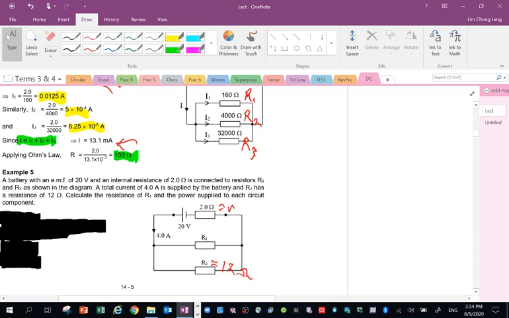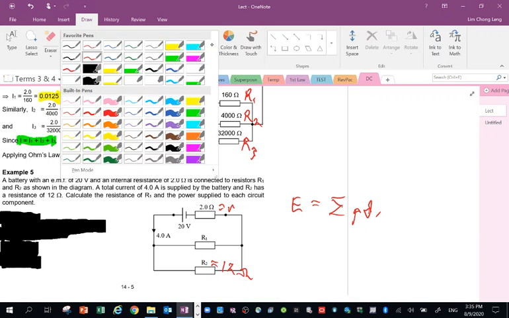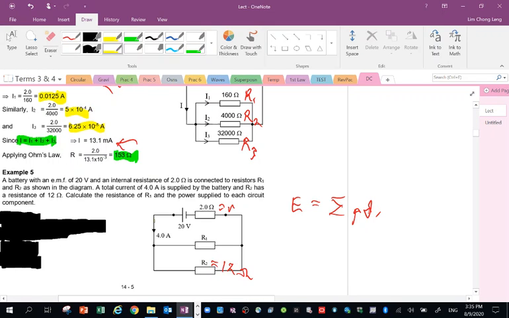So how do I apply Kirchhoff's second law? We know EMF is actually the sum of PDs in a loop. So I will consider this loop, the outer loop.